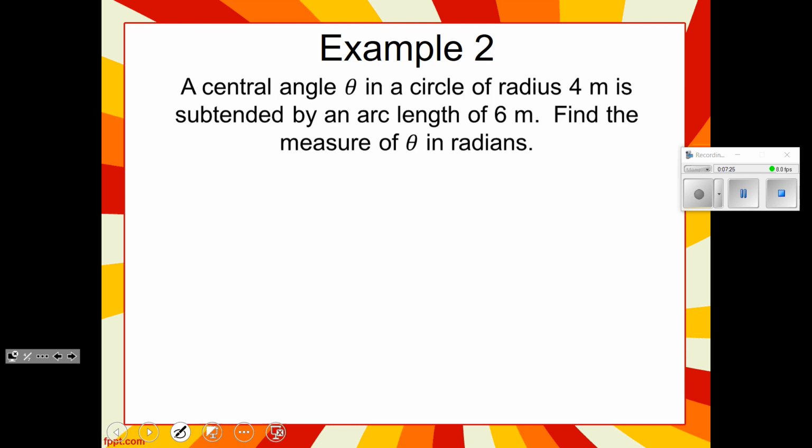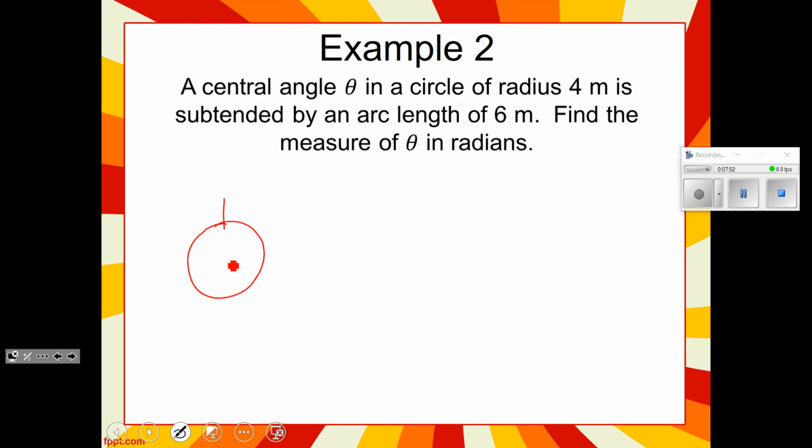Okay. So, example 2. A central angle theta in a circle of a radius of 4 is subtended by the arc length of 6 meters. Find the measure of theta in radians.